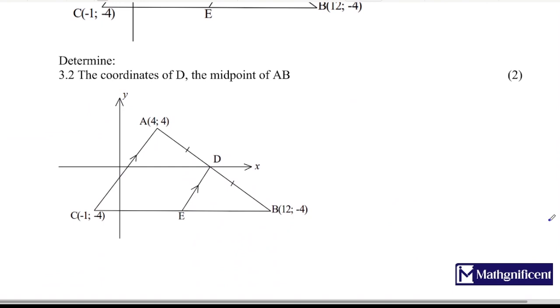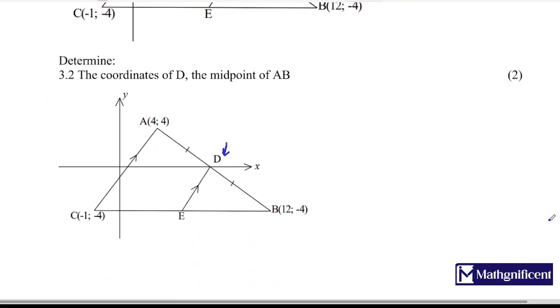It says that we should determine the coordinates of D, which is the midpoint of AB, right? We know that there's a formula that we can use when we want to determine the coordinates of the midpoint, right? So we are going to say that D here is a midpoint.